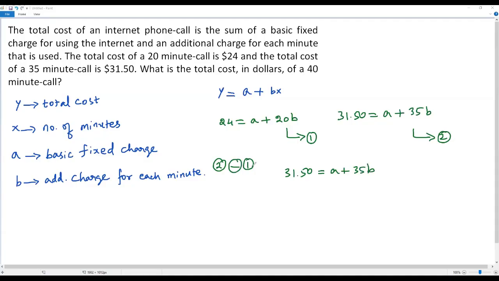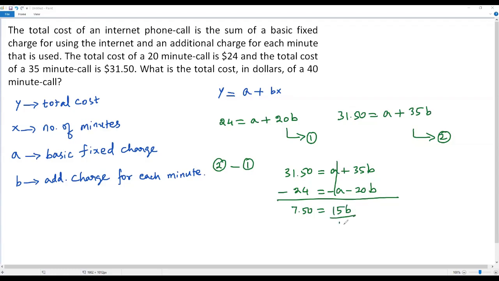Here we have a negative sign in front of the first equation, that is, we multiply both sides of the first equation by negative one. Then I'm getting negative 24 on the left side. When I multiply both A and 20B by negative, I'm getting negative A, negative 20B. Here positive and negative A will cancel out. When I simplify, I'm getting 7.50. And when I combine positive 35B and negative 20B, I'm getting positive 15B.